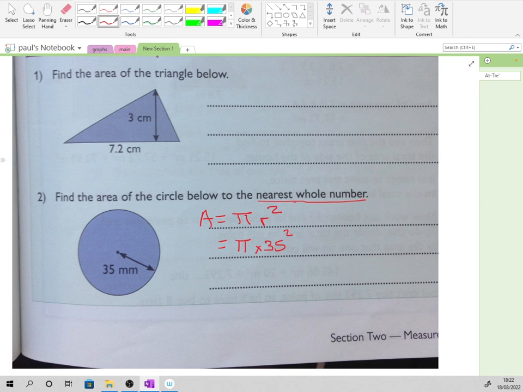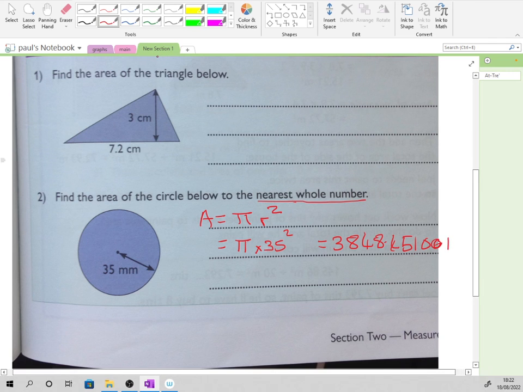So let's try that then. Shift pi times 35 squared is 3848.451, and there's even more numbers there, but I don't need them all.